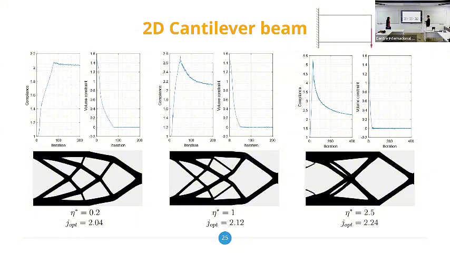If I could, I would always manufacture the one with the lowest compliance. But it's not clear. Maybe in another problem, I see that the one with the best optimum is with high eta star, so it's an arbitrary thing, but in general, this is what I have obtained.